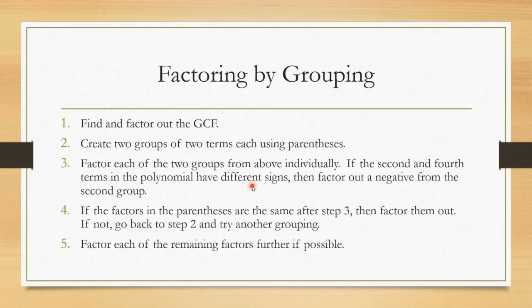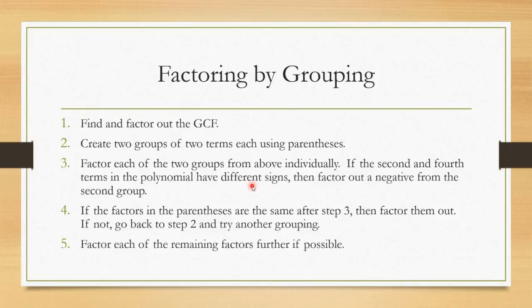It could be just -1, but at the very least, you factor out -1. Because what you want to happen after step 3 is, in parentheses, to have the same factor. Then you factor that out, and you'll get basically what you're looking for.